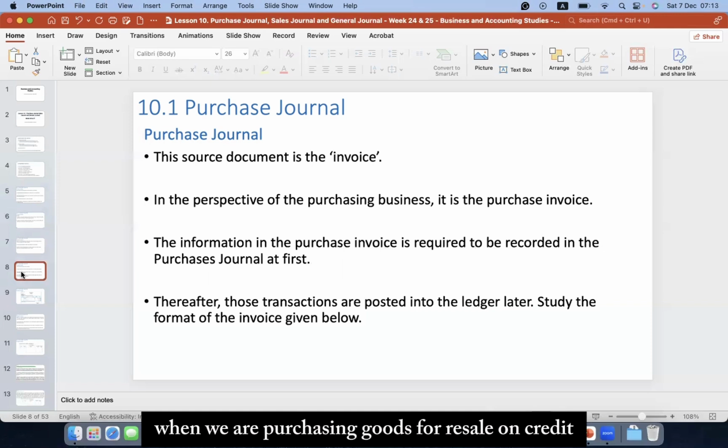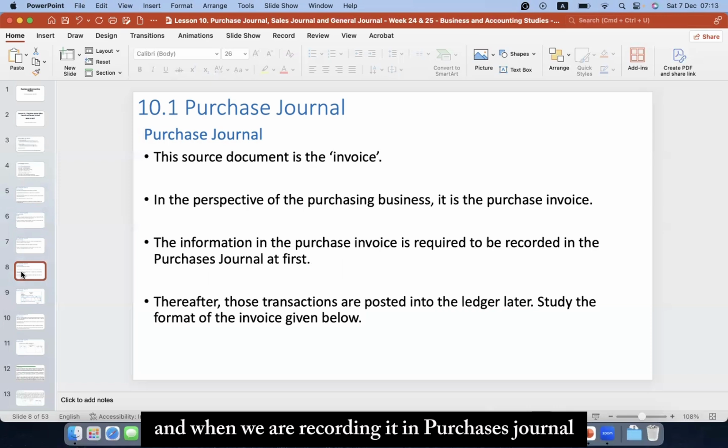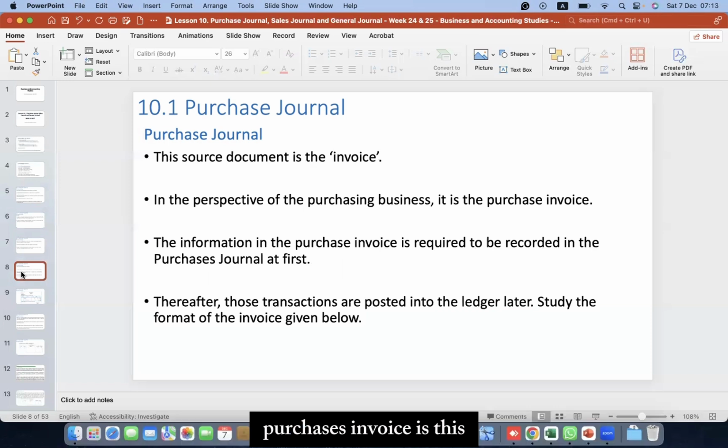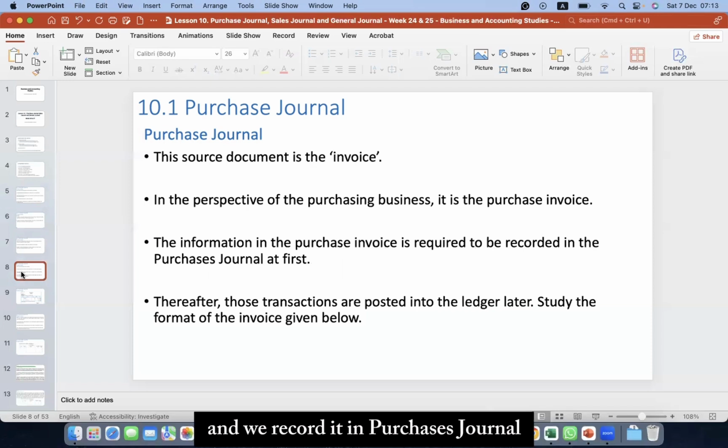When we are purchasing goods for resale on credit, and when we are recording it in the purchases journal, firstly we receive the source document. And the source document for this is the purchases invoice. The purchases invoice is the source document for the purchases journal. We take the invoice, extract the data from it, record it in the purchases journal, and subsequently post them into the respective ledgers.